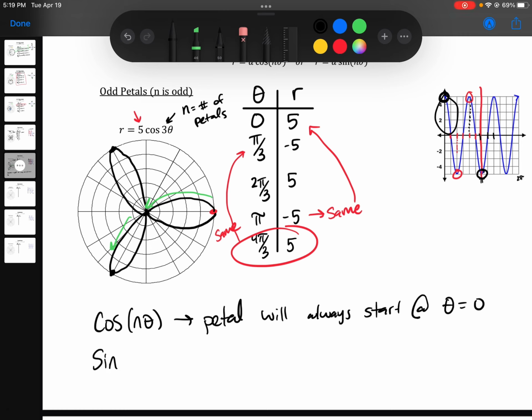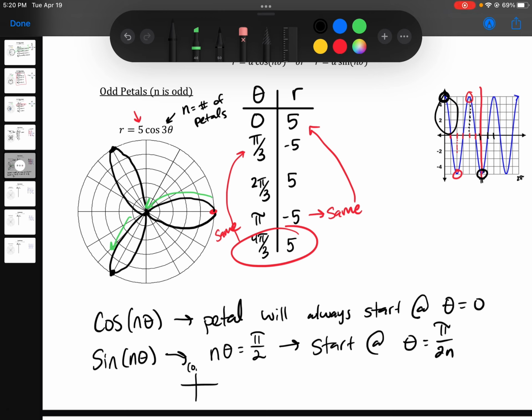The sine one, you'll notice, didn't start at the same place, and if you graph a lot of sine functions, the petals will change location of where they start depending on what your n value is. That's because what we're trying to do is figure out where n times theta is equal to pi halves. So we always start at theta equals pi over 2n. You might wonder why pi halves? Well, if you think of where sine is equal to 1, the only location on the unit circle is pi halves.